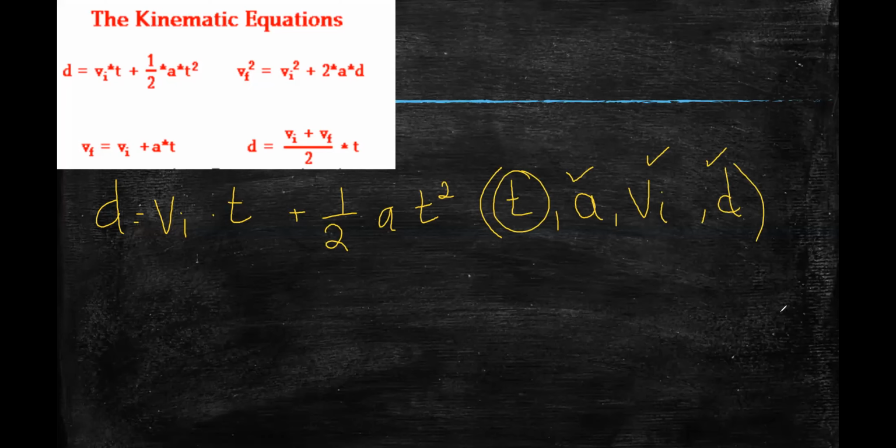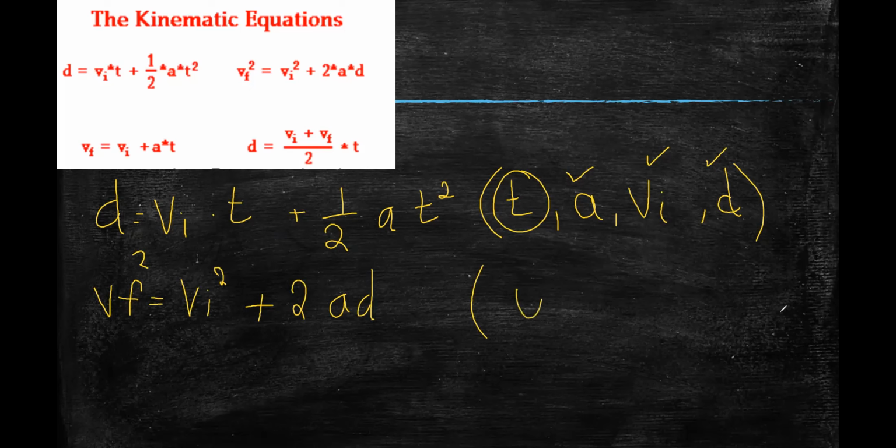So the four variables that are written in this equation are t, time, a, acceleration, v i, which is the v initial, and d, which is the distance. The second one now, v final squared is equal to v initial squared plus 2ad.